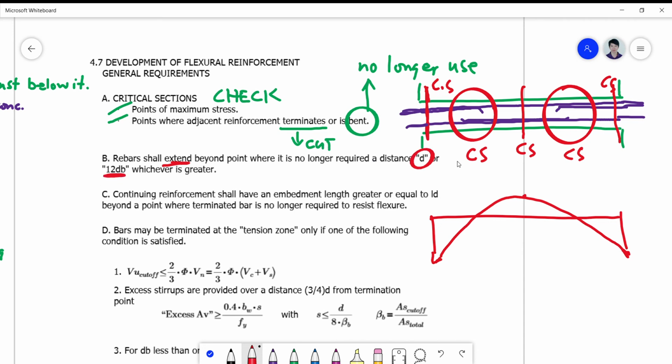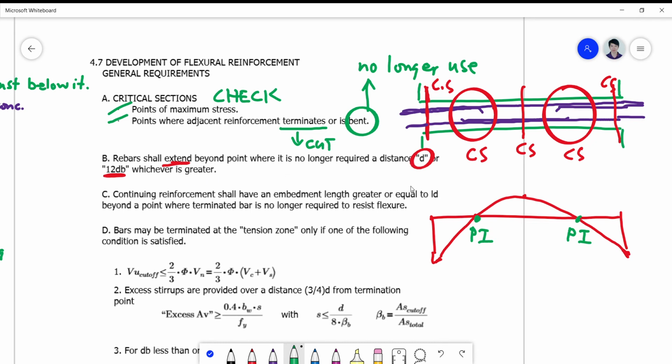So I cannot cut it theoretically at the point of inflection. So the theoretical cutoff point is normally at this point of inflection. Okay, the point of zero moment, the PI. Okay, so I cannot cut it here. So what I have to do is to extend it at least a distance d or 12 dB.